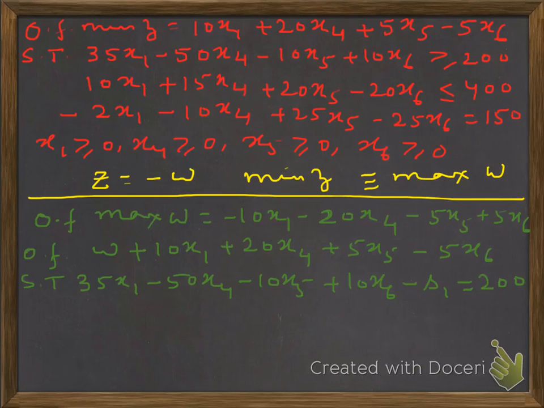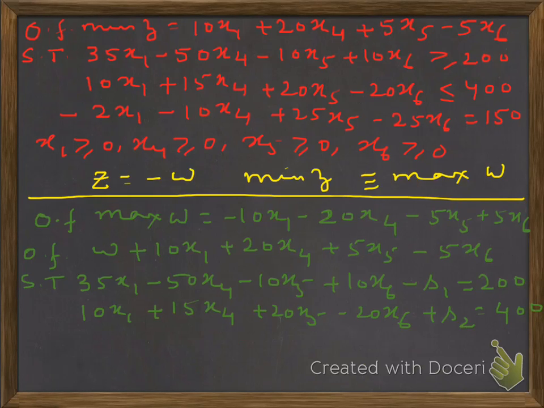For the second constraint, that is 10x1 plus 15x4 plus 20x5 minus 20x6. Here the constraint is less than equal to type. Left hand side is less than equal to 400. To make it equal to, we will have to add something. So we add another variable s2, and this makes the left hand side equal to 400. s2 is called a slack variable.